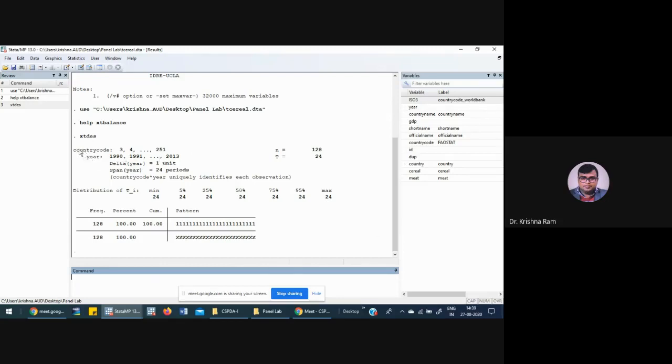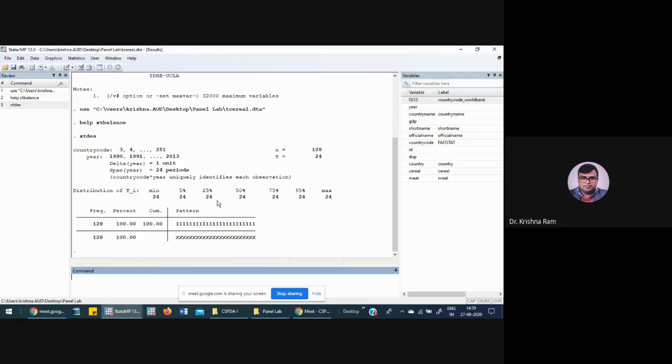So you can read something like this: n is 128. That means that one is the number of countries. The time period is 24, from 1990 to 2013. You can see the distribution of T. So the distribution of T remains constant across all percentiles.